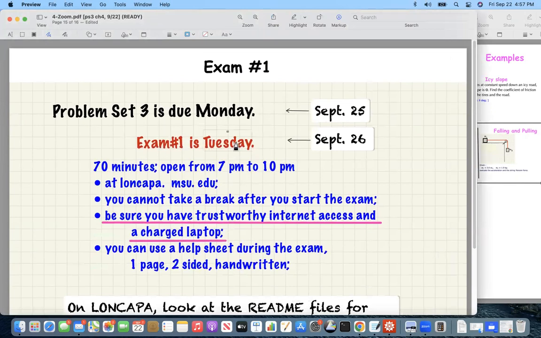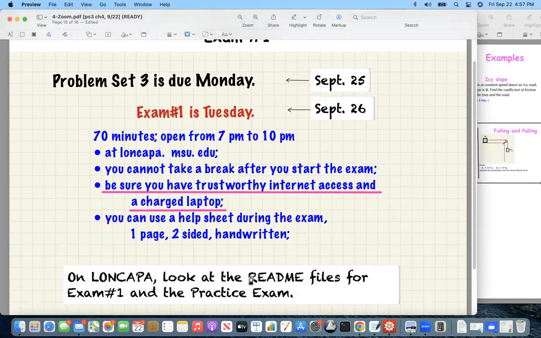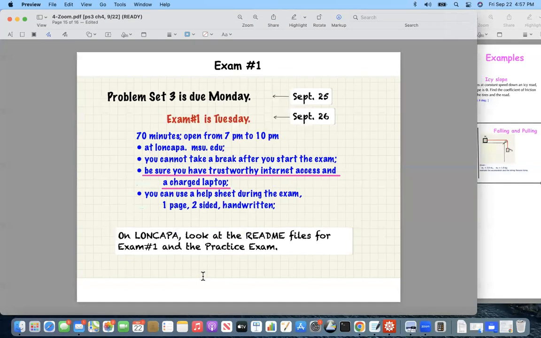Then exam 1 is Tuesday, September 26th. You should look up the README files for exam 1. And there's also a practice exam for exam 1. So on Lon Kappa, read the information files about the exam and use the practice exam to practice doing problems.